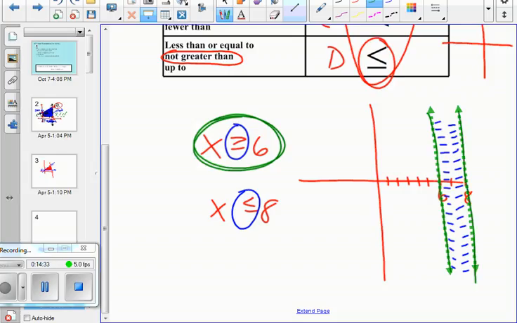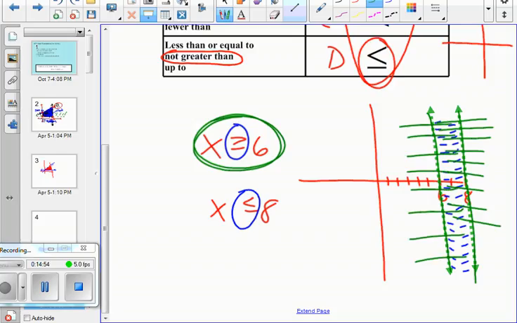So even though it's a small line that comes into the X is greater than or equal to 6, there's a chance that it could extend this way, right? But it can't be both. So when we do these, we want to really focus on what overlaps. I get what you're saying.